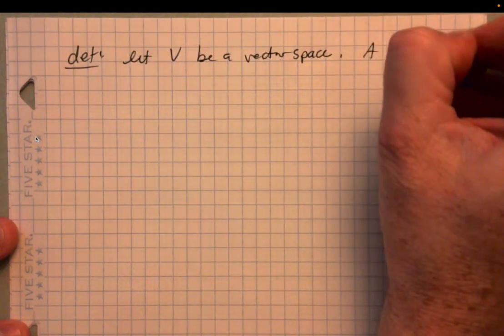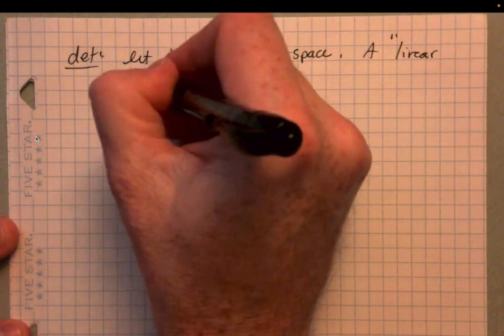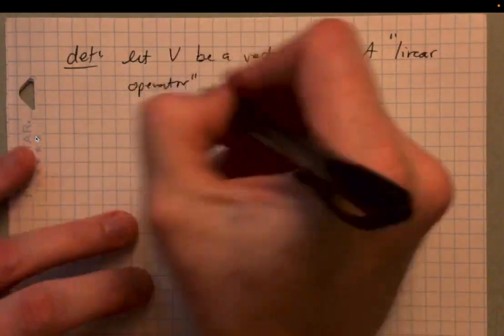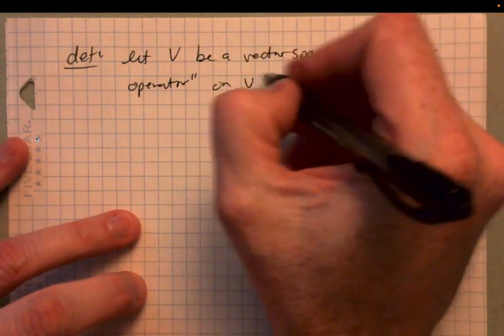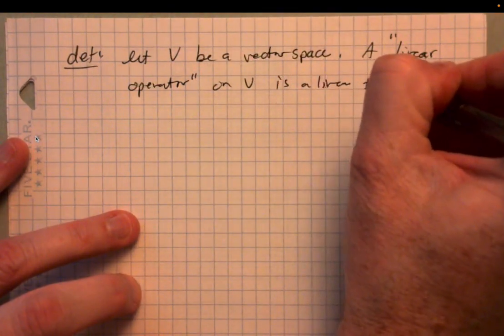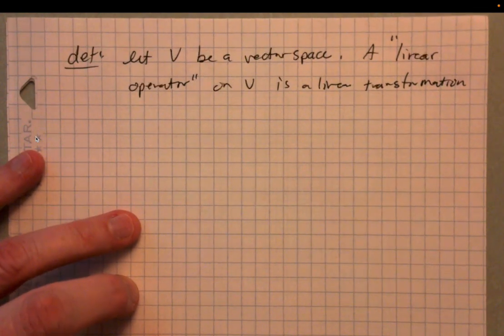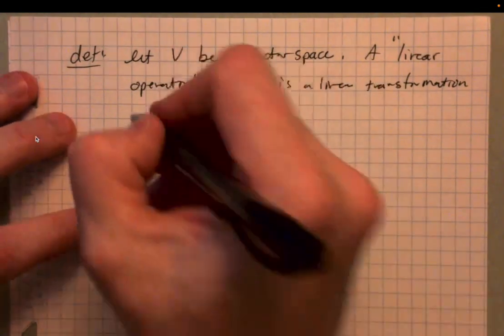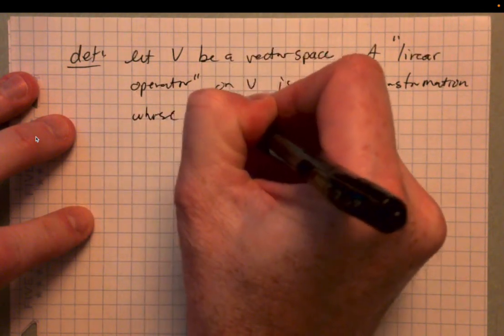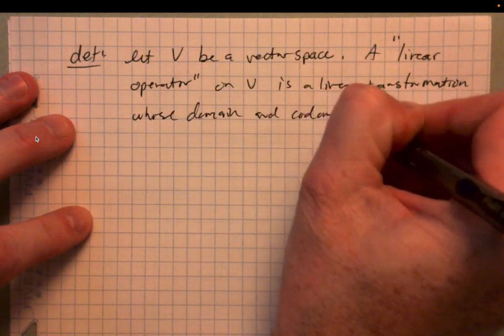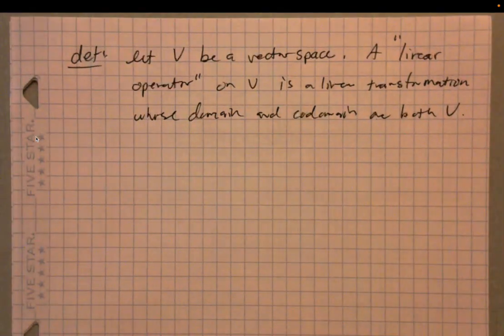Then a linear operator on V is a linear transformation whose domain and codomain are both V. So a linear operator is a special case of a linear transformation where the vector space you're starting in is the same as the vector space you're ending in. That's called a linear operator.